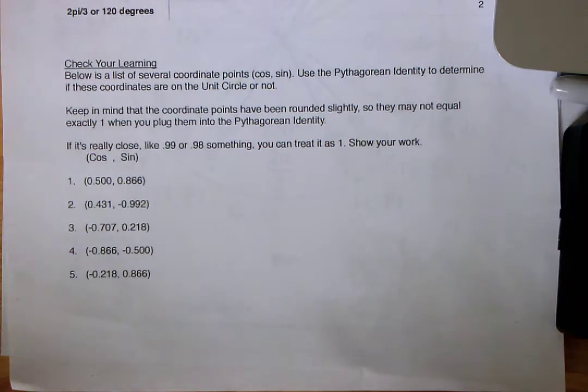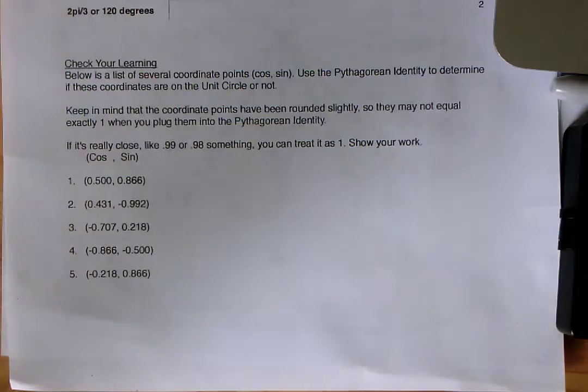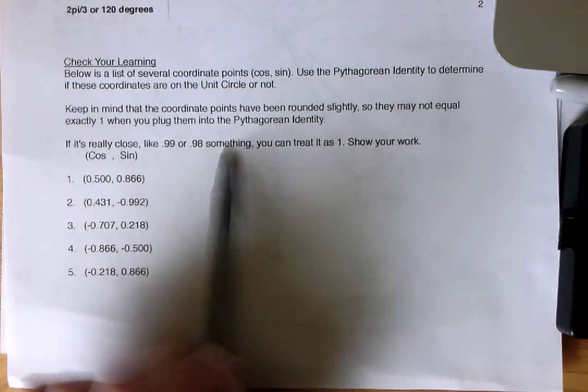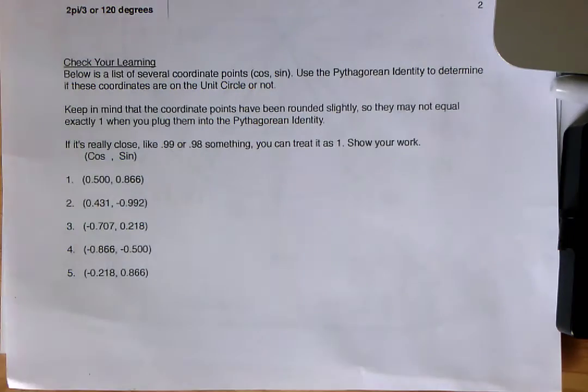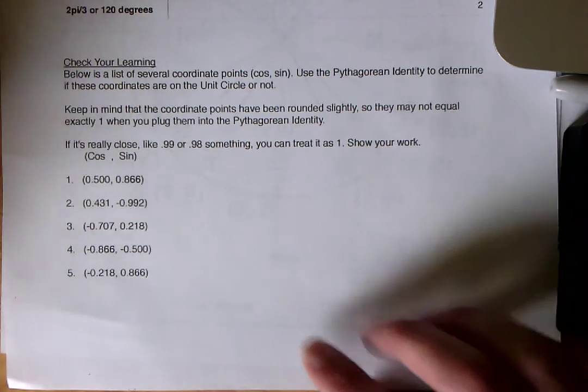If they end up being that the left side equals the right side, then you will get, like if you get something close to 1, like this, 0.99 or 0.98, we can treat it as 1, and that would be yes, it's on the unit circle. So what we can do is we'll try this one right here.